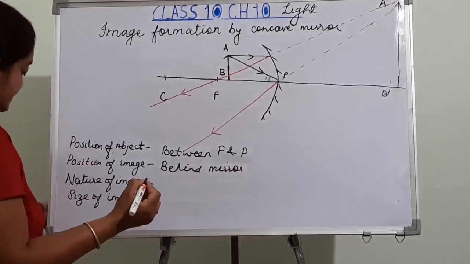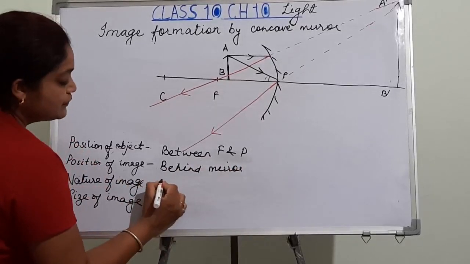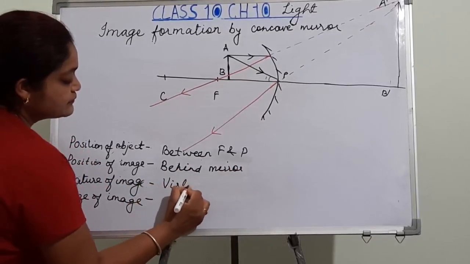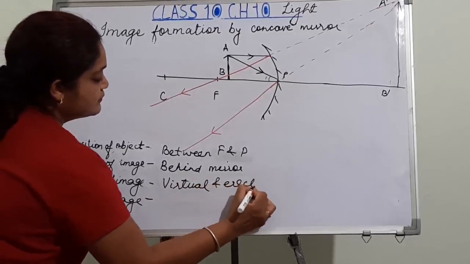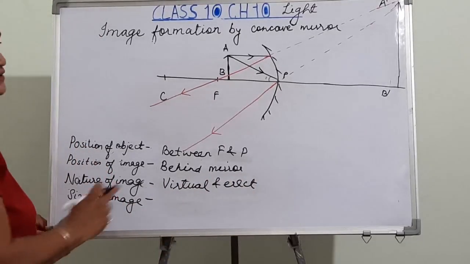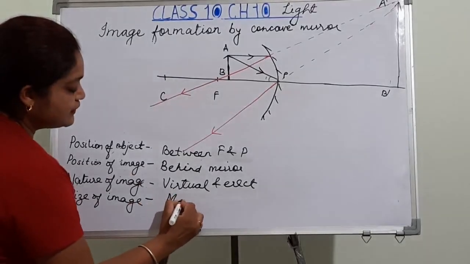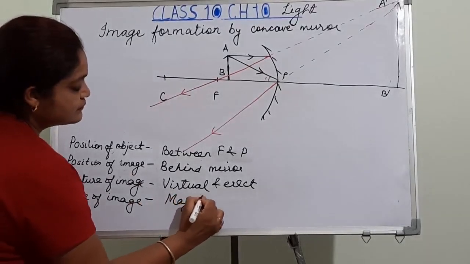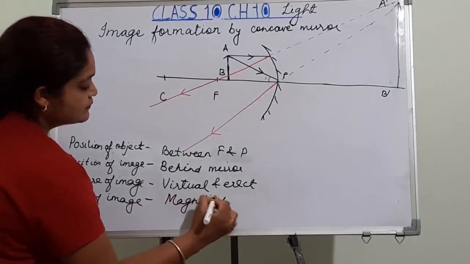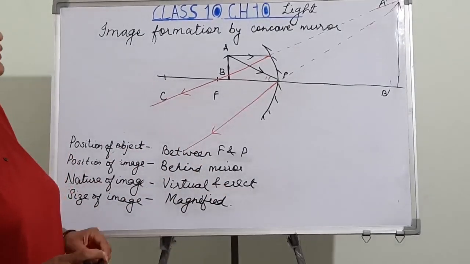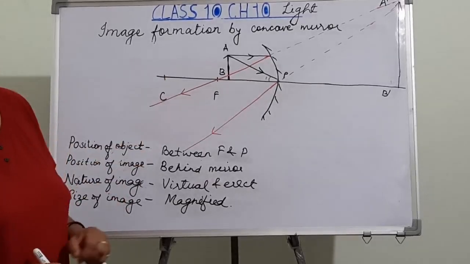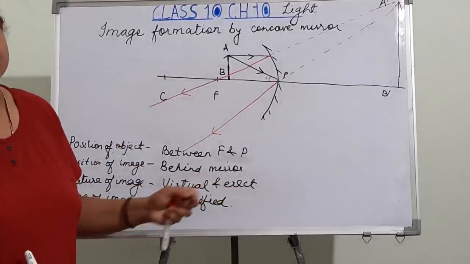What is the nature of image? Nature of image is virtual and erect. Size of image, it is magnified. So this is the only case where the image formed by a concave mirror is virtual and erect.